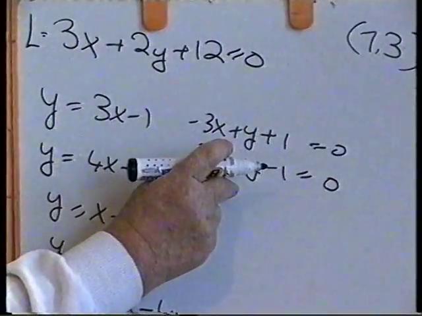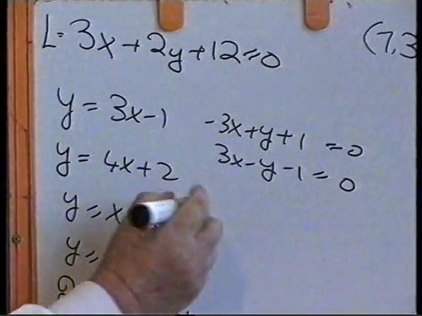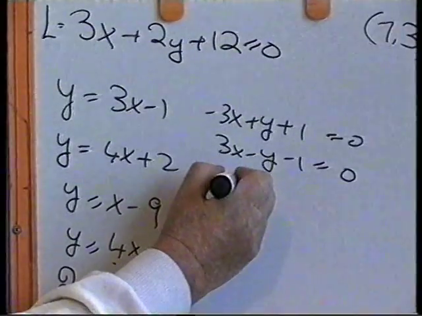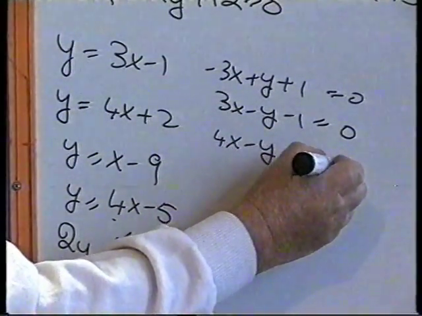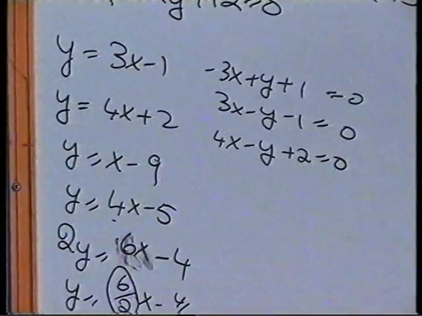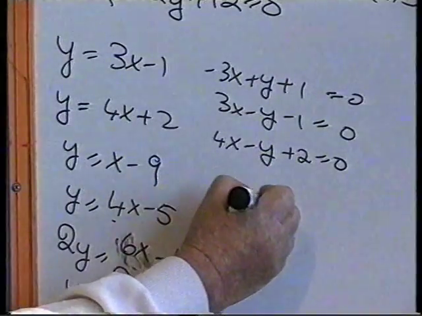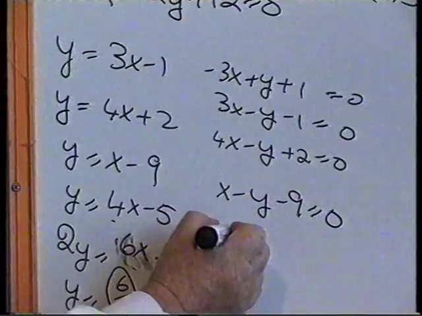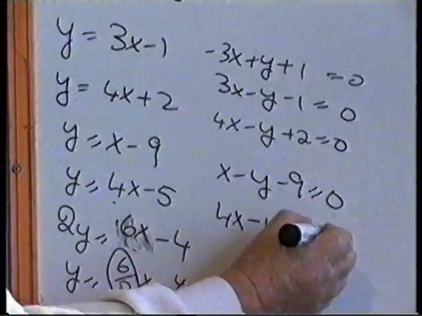Here it would be 4x minus y plus 2 equals 0. This one would be x minus y minus 9 equals 0. This one would be 4x minus y minus 5 equals 0.